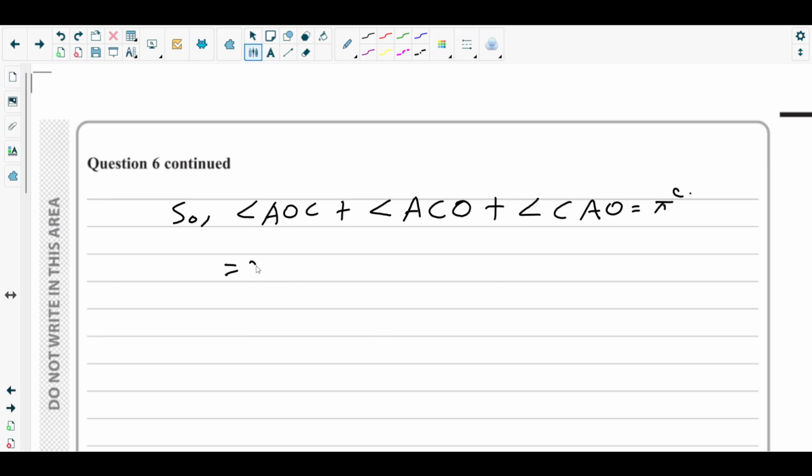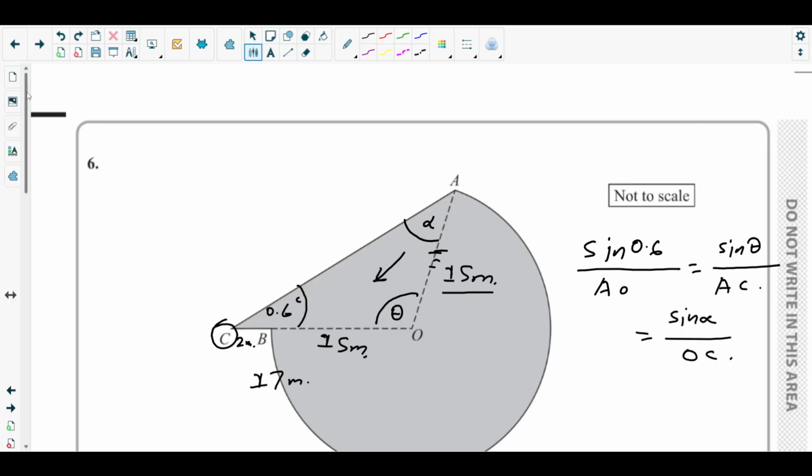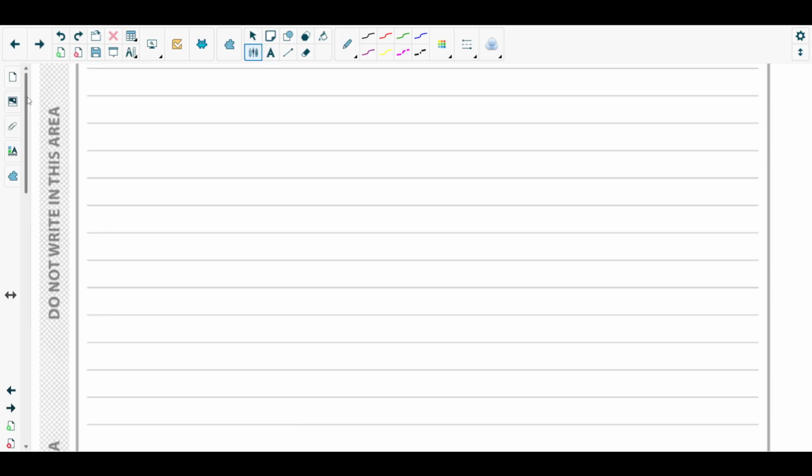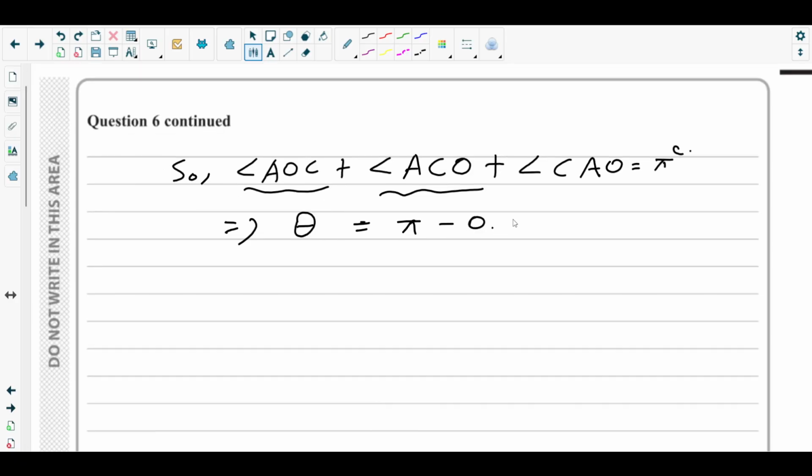Okay, so we need the angle AOC, which we considered as theta, right? So theta equals pi minus angle ACO. Is it angle ACO what we found? ACO is 0.6 radians, so minus 0.6 radians minus this angle which we found earlier, 0.694 something radians. It's saved in my calculator, so I don't need to write the whole figure here.